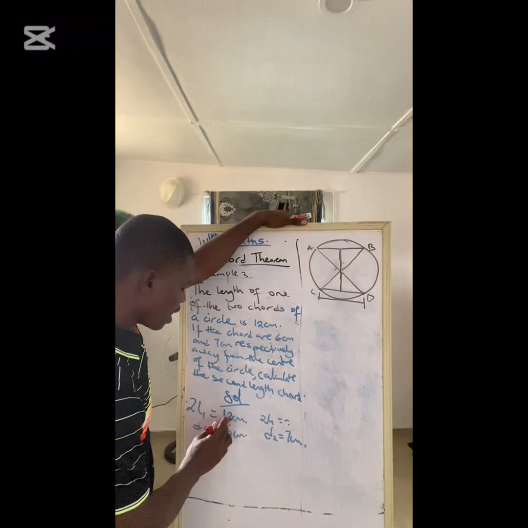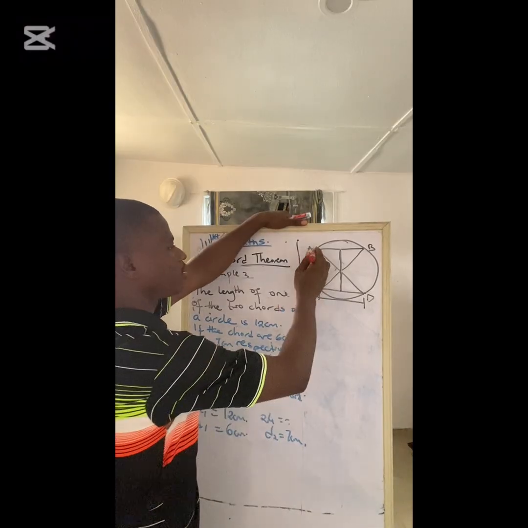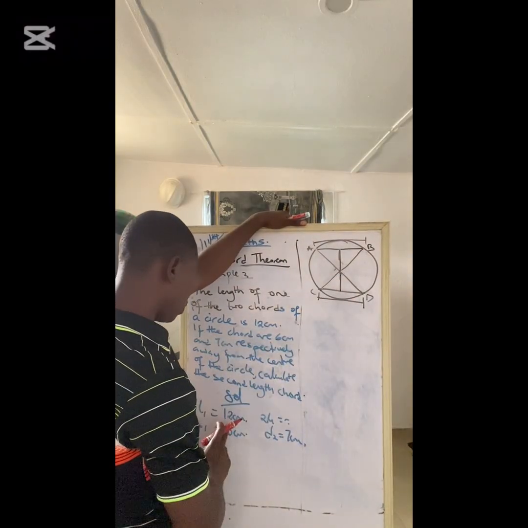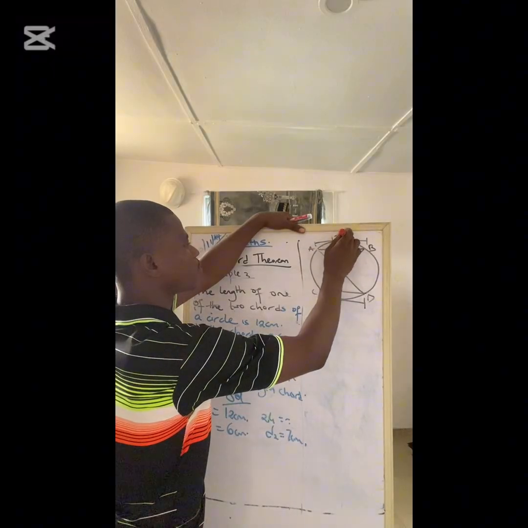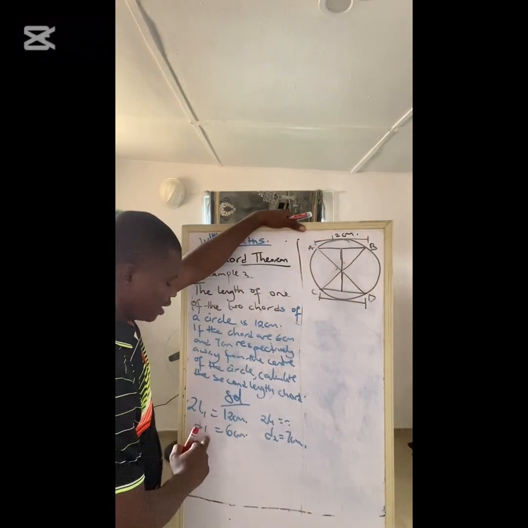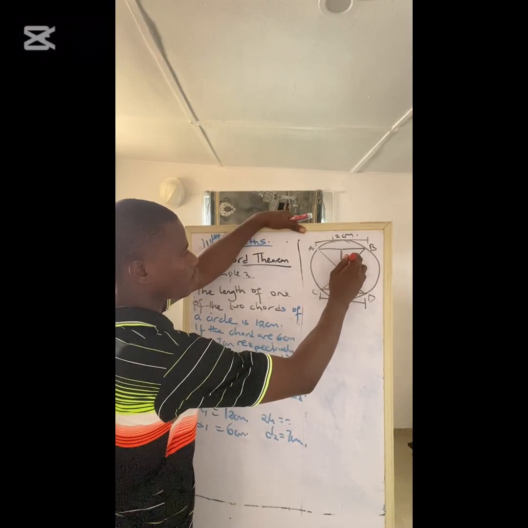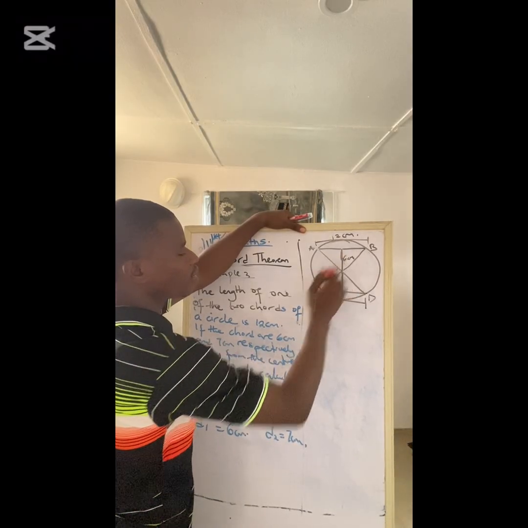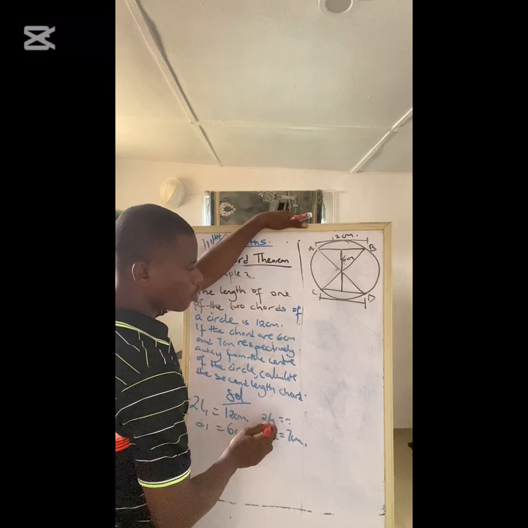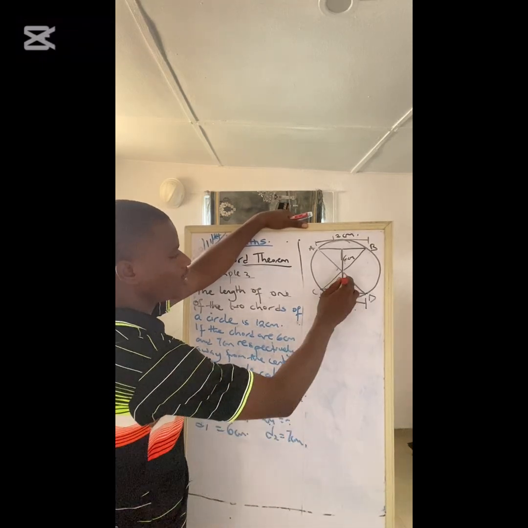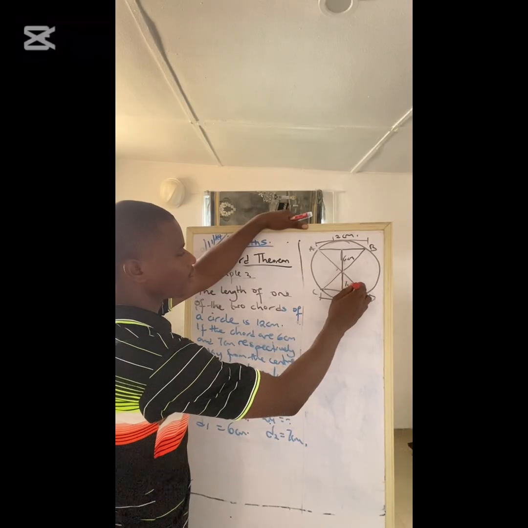So let's say L1 is 12 centimeters. I did this as AB, from here to here is 12 centimeters. Then the D1 is 6 centimeters. Also the other one, 2L2, we don't know. But the D2, the distance here, is 7 centimeters.